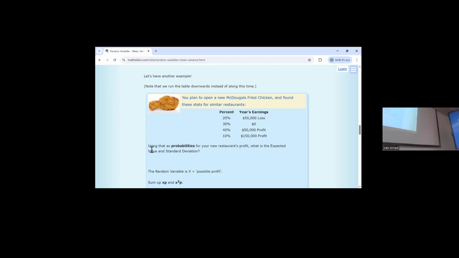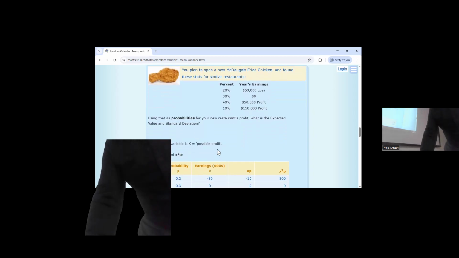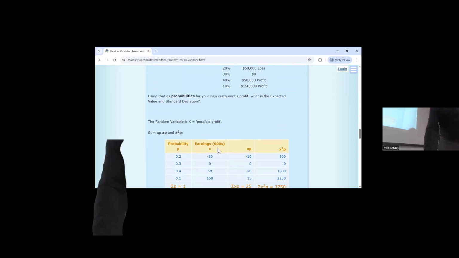Of course, you are using the historical data of previous restaurants which were successful or failed. And this was the percentage related to what they are. You can define the random variable to be the possible profit. And then you define this table here.